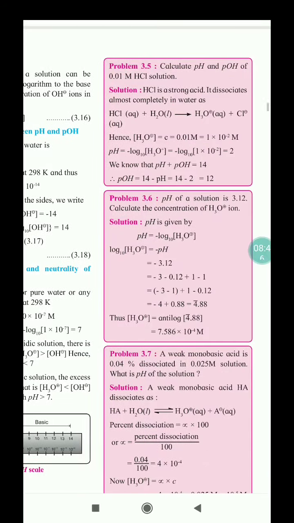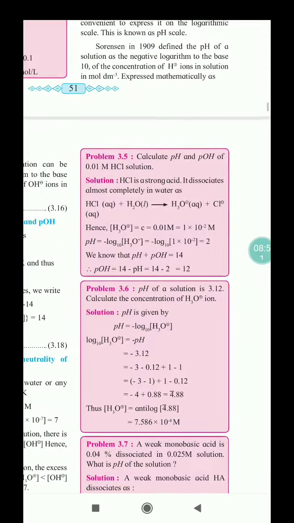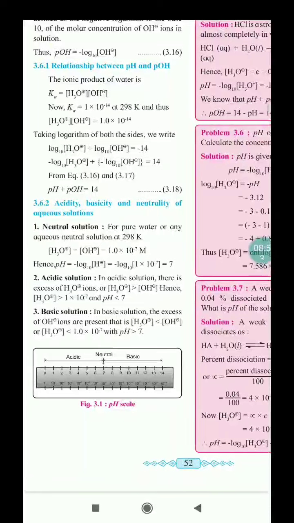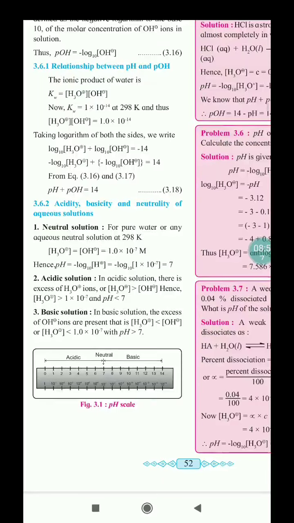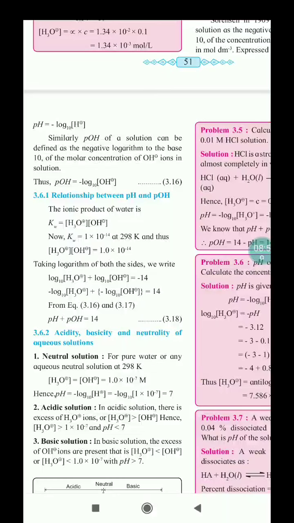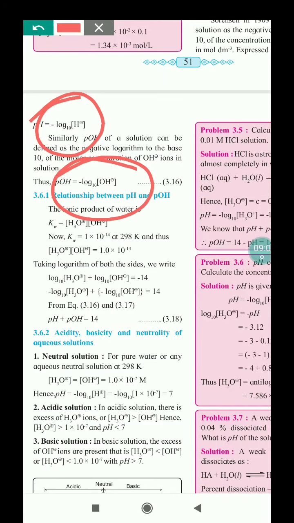Okay, so students, we now solve some questions, numerical problems. Here pH is equal to minus log of H positive ion, and pOH is equal to minus log to the base 10 of hydroxide ion, and the relation between pH and pOH is that they sum to 14.